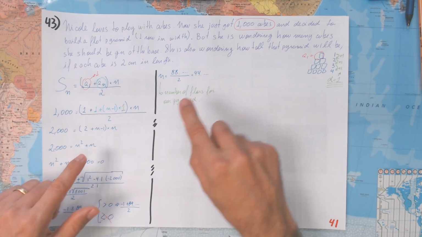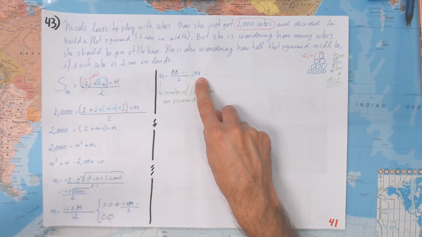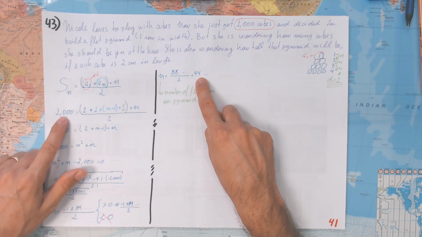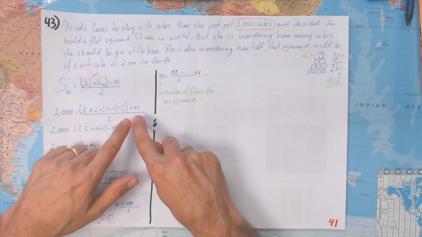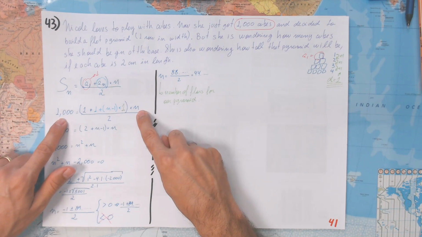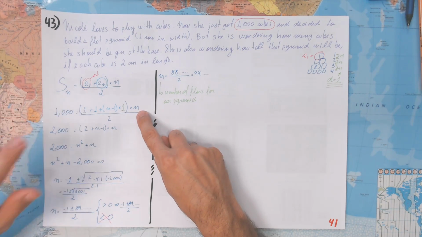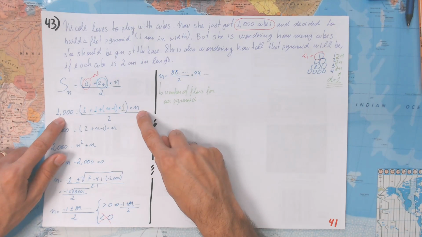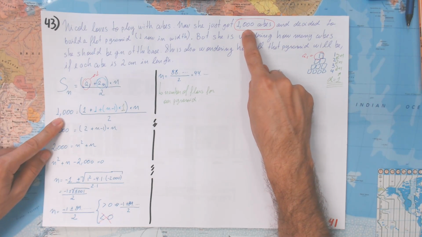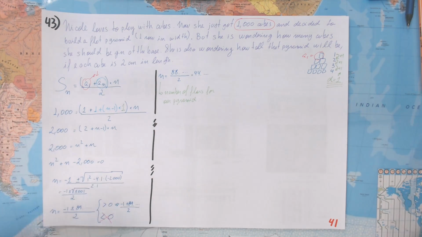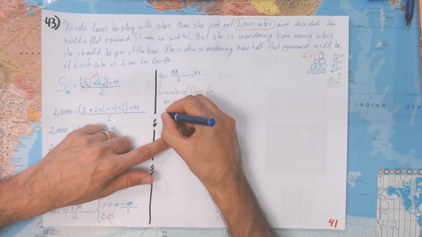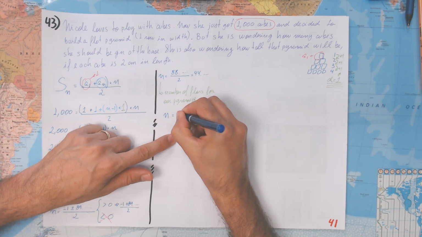If we plug in n as 44.5, for instance, it is going to be more than 1000. If we put anything higher than that, it's going to be 1001, 1010, 1050, I don't know, but it's going to be higher than that. We do not have more than 1000, so it's not possible to round up that number. It must be rounded down. So n must be 44.